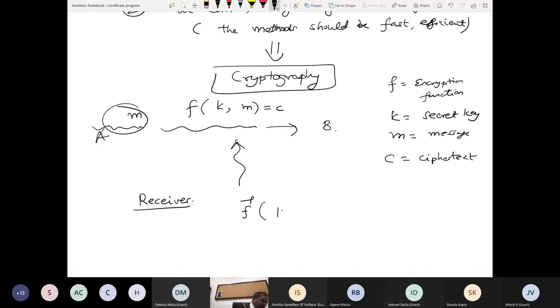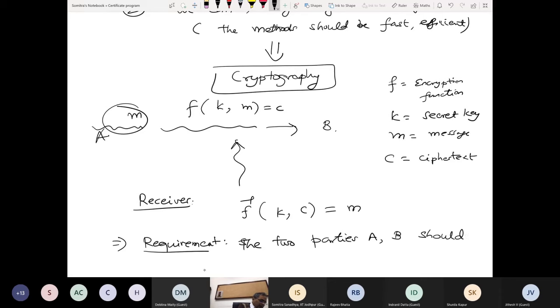This F inverse function will take the same key K and the ciphertext C, and this will produce, magically, the message M. The only requirement is that the two parties, A and B, should share secret data called K. So there is some data which needs to be shared between these two people.